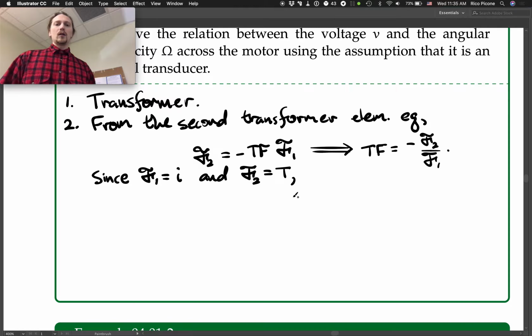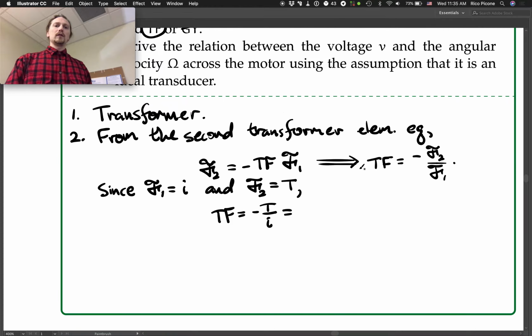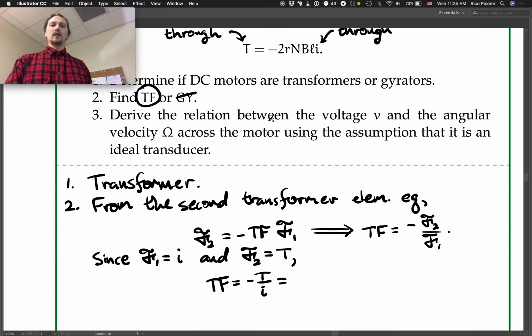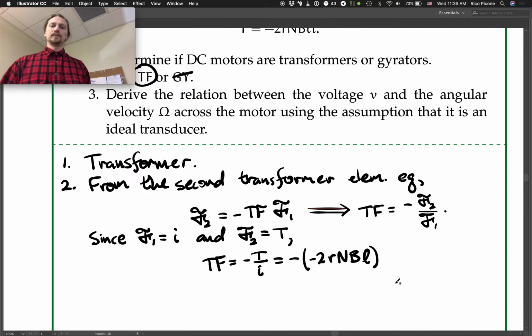Then we can solve for what TF is, which is negative torque over the current, which from this equation is negative 2RNBL, since we just need to divide both sides by I. So the transformer ratio is 2RNBL.